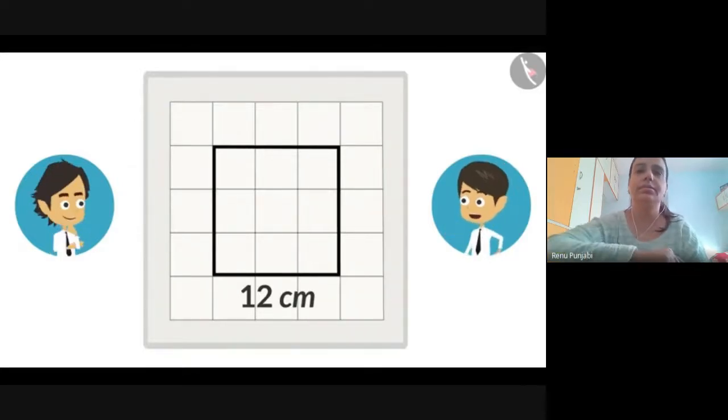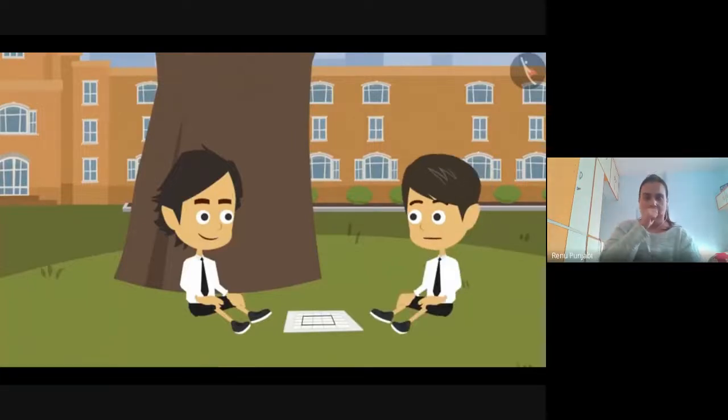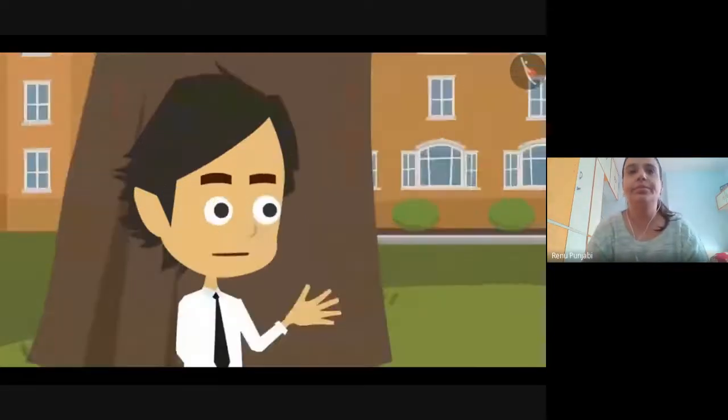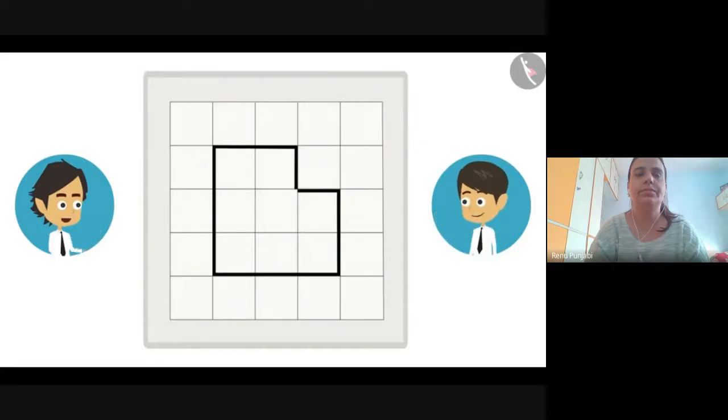But I want to find out if I change the shape of this figure, will the length also change or not? If the figure changes, the length of the figure will surely change. Okay, shall we change the shape? Yes. Look, I will remove this one square and change its shape. Now let's measure this figure.